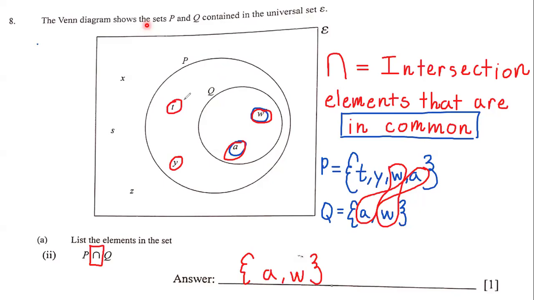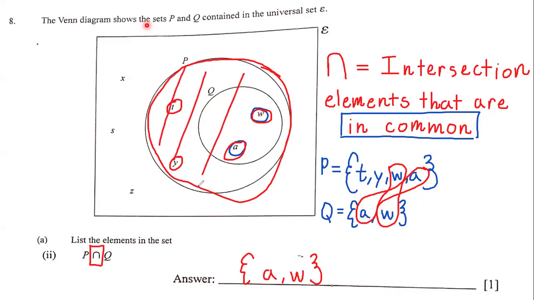T and Y. Are those the only elements of P? A and W, very good, because it's a part of this whole big set. Does that make sense? Yes, sir. So all of this is P. All right, now let me erase this.